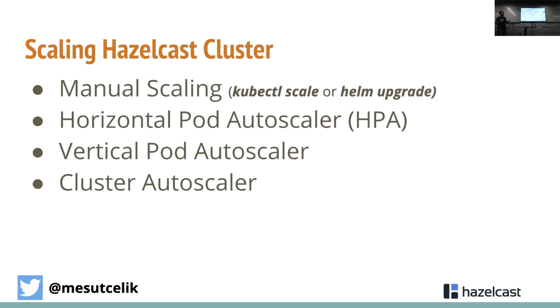And you can define a horizontal pod autoscaler based on those values, and then you can create some kind of autoscaler based on some threshold. So horizontal pod autoscaler does that. This is resource metrics. You can also do custom metrics, which is application-specific autoscaling.